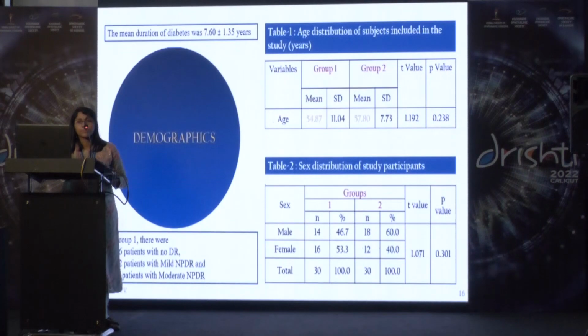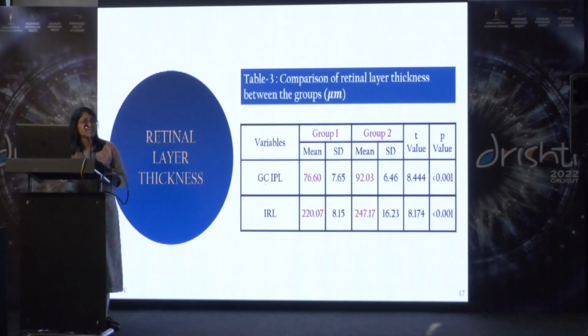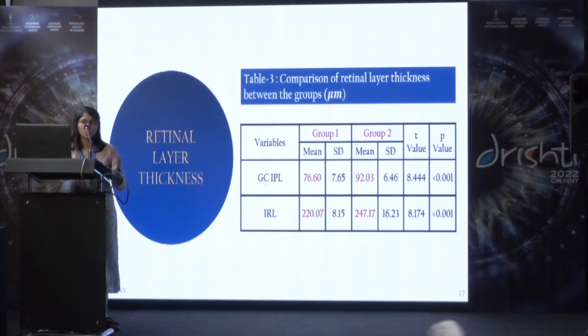Coming to the results, the demographics showed that age and gender were statistically comparable between the two groups, and the mean duration of diabetes was 7.6 years. In group 1, there were 16 patients with no diabetic retinopathy, 12 patients with mild NPDR, and 2 patients with moderate NPDR. Now coming to retinal layer thickness, we saw a drastic change between the two groups.